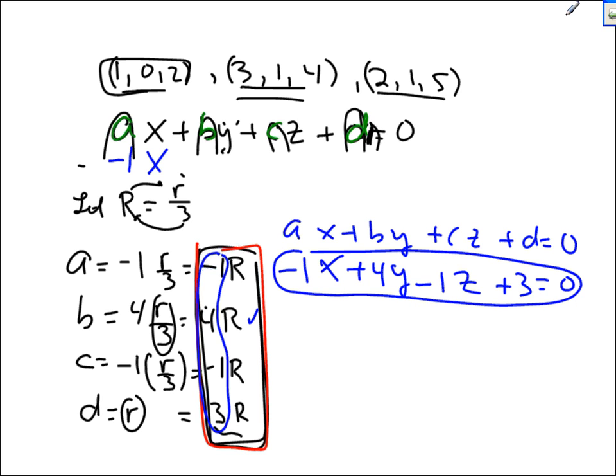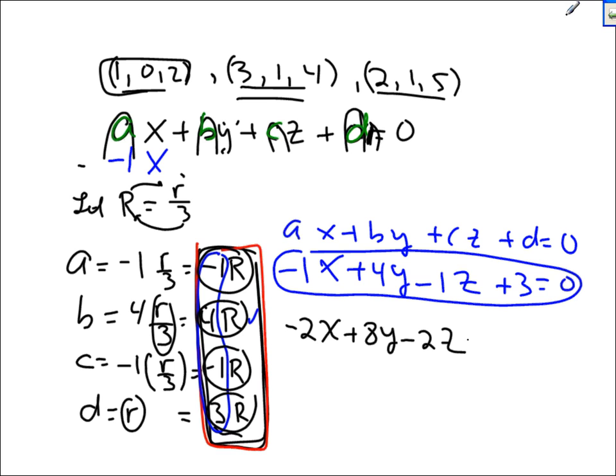This is the equation of the plane. Now you may say, but wait a minute, you said you can pick any number for r. Fair enough. Let's pick 2. So negative 1 times 2 is negative 2x. And 4 times 2 is 8, so you have 8y. And negative 1 times 2 is negative 2z. And 3 times 2 is 6.